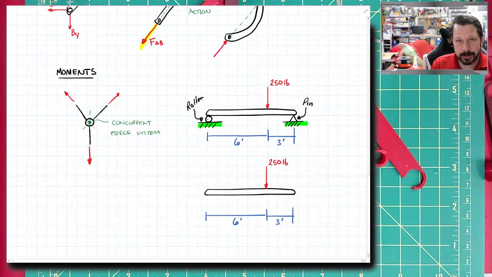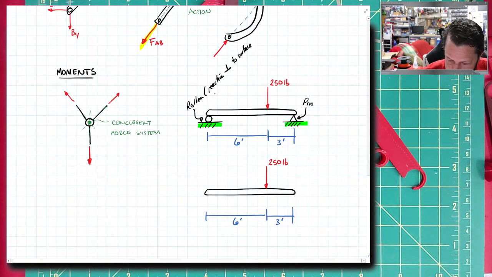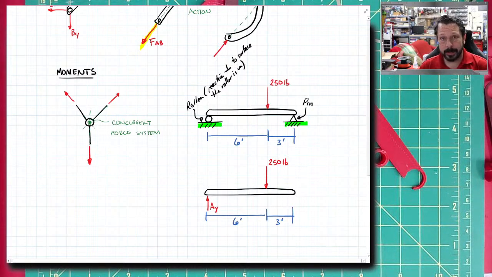So there's a reaction that is perpendicular to the surface the roller is on. So that means there's a reaction like this. If that was point A, we can call it AY. Or we can call it RY for a reaction in that Y direction or something. I don't know. We'll call it AY.